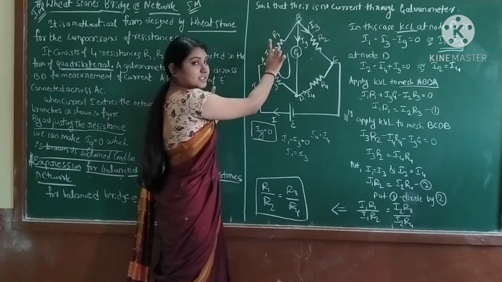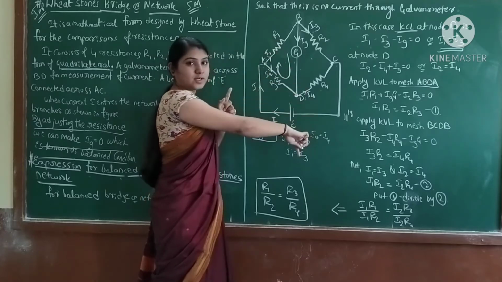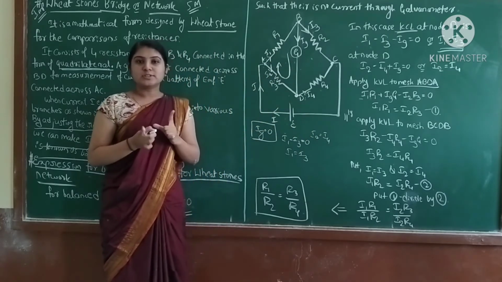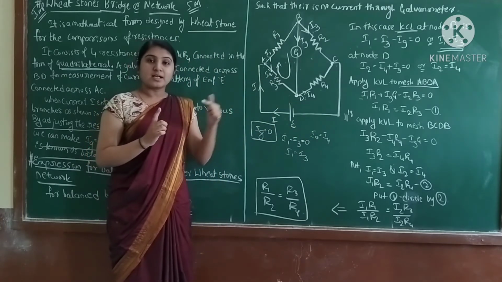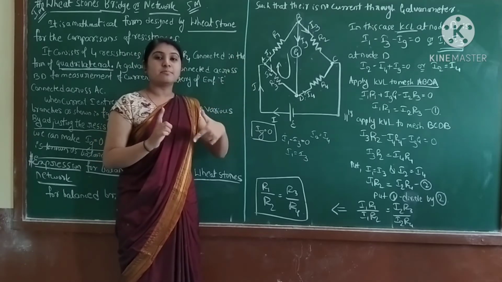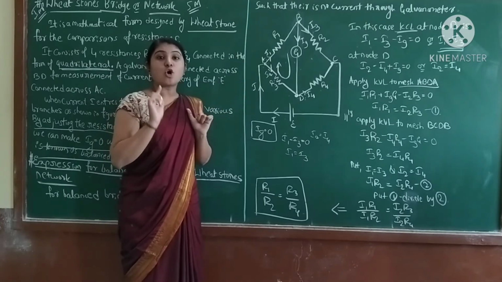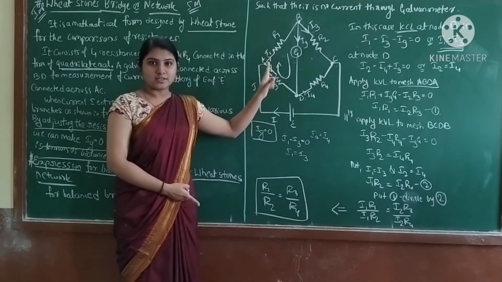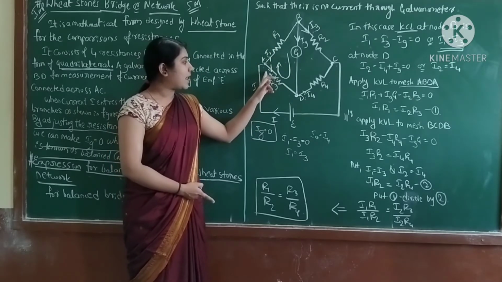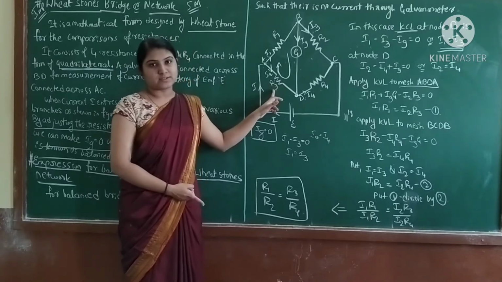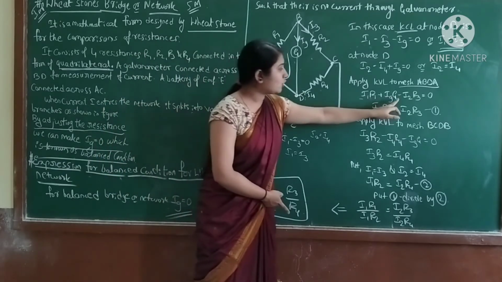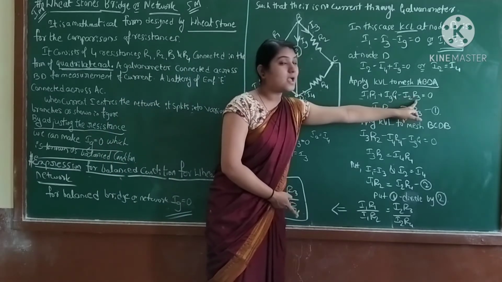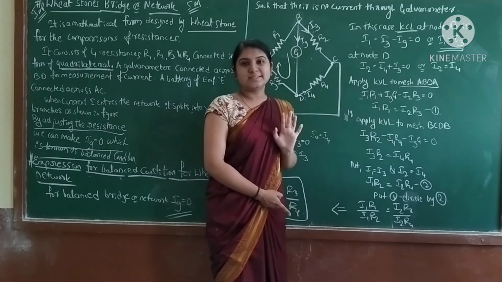This direction is upwards, current is downwards, so of course they are opposite to each other. The current is coming downwards, but we are applying the clockwise direction, so it is showing upwards. So minus I2 into R3. What I wrote: minus I2 into R3 is equal to 0.